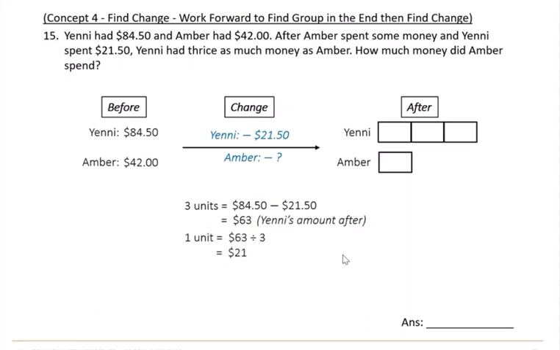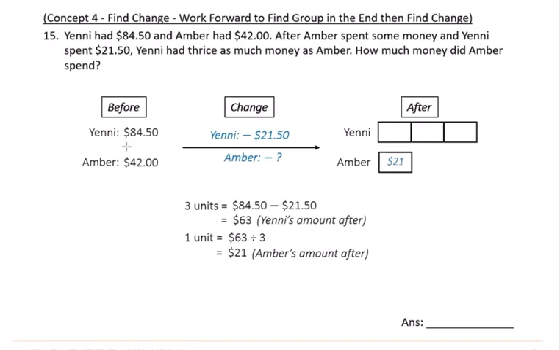1 unit is $21. Okay, so this one is actually for those children who need more help, so that they will know $63 is this part here. Okay, so 1 unit is 21, which is Amber's amount in the end after. So now you can actually find the change for Amber.